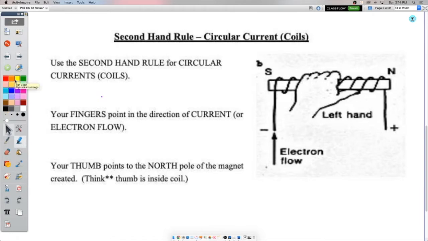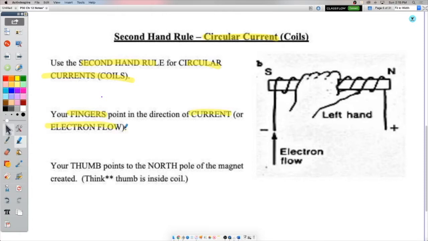So the second hand rule is for when we have a circular current, as opposed to the first rule when we had a straight current or a straight moving charge. We use the second hand rule for circular currents or coils, or solenoids. We'll get to those in a sec. So now your fingers, before your fingers were the magnetic field, now your fingers are actually the current or the electron flow, just the thing that's moving.